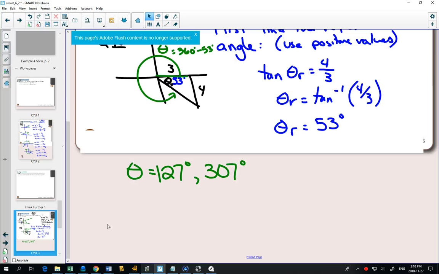Okay, questions for practice on this one: 14, 15, 16, and 19.